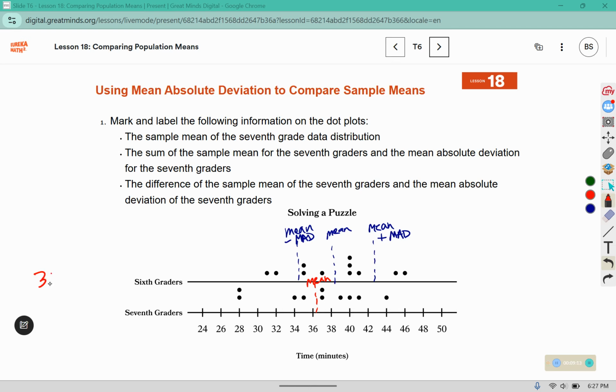So 36.3 minus 28 will tell us how far this one deviates from the mean, which is 8.3. And there are 2 of them.